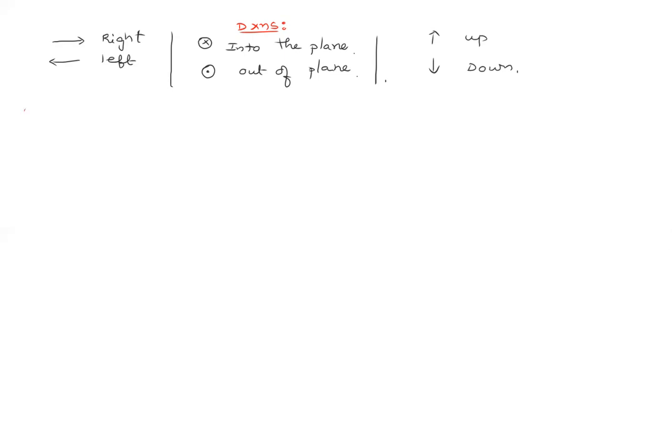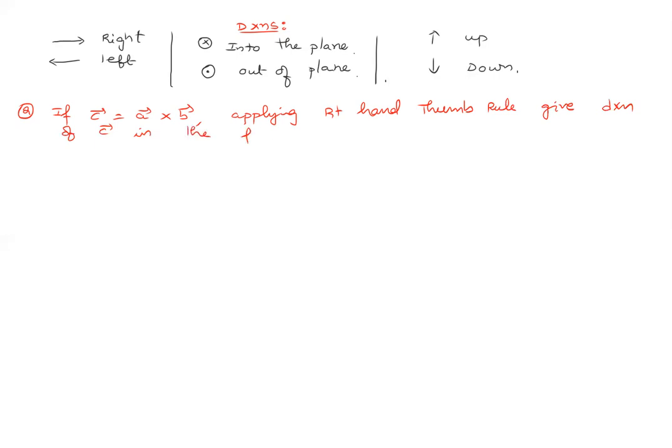Now your question is: if C bar is equal to A bar cross B bar, applying the right hand thumb rule, give the direction of C bar in the following situations.